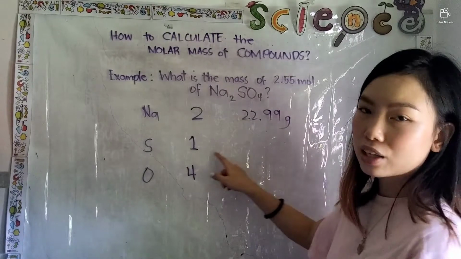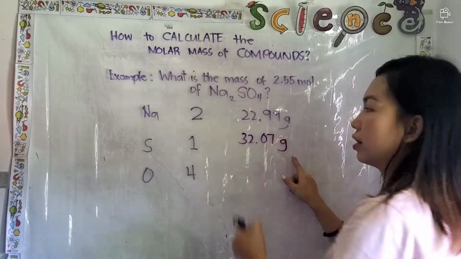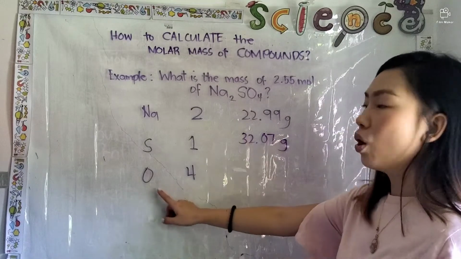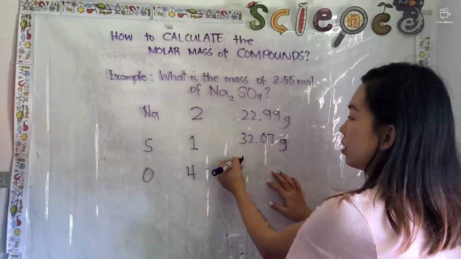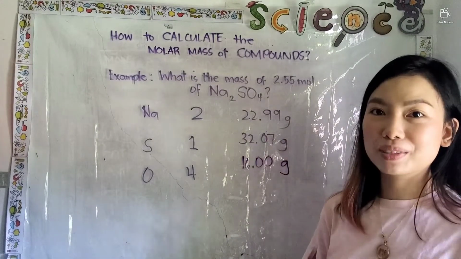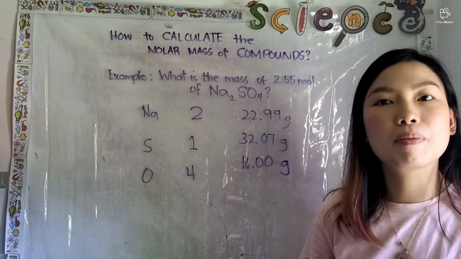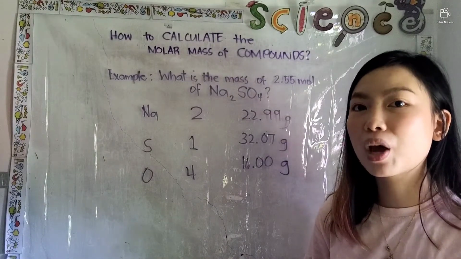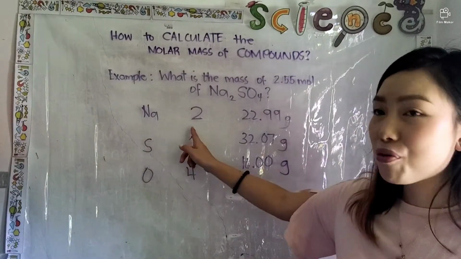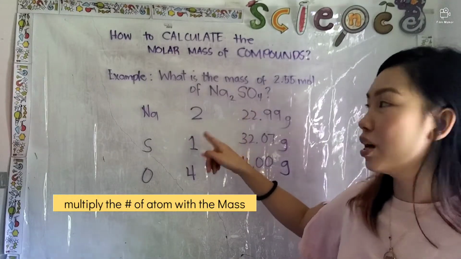Sulfur has 32.07 grams, and oxygen has 16.00 grams. So now that you have found their mass for each element, multiply the number of atoms with the mass.